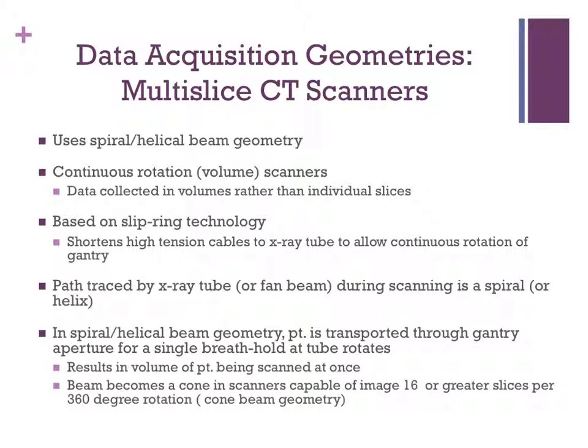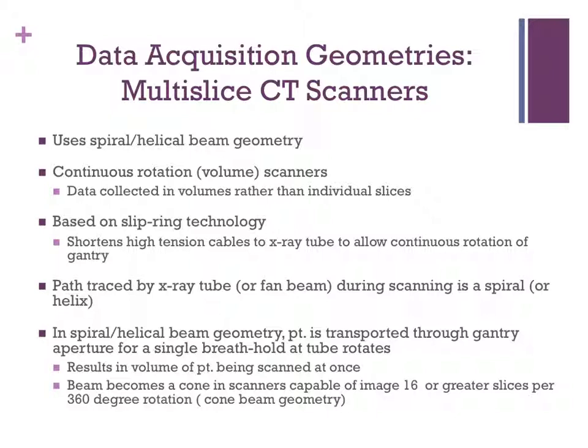The goal of multi-slice CT scanners is to improve volume coverage while improving the spatial and the temporal resolution compared to the previous generation scanners. Multi-slice CT scanners use spiral helical beam geometry, and they are continuous rotation scanners. And this is where data is collected in volumes rather than in individual slices.